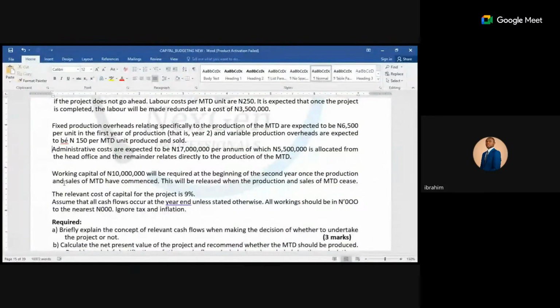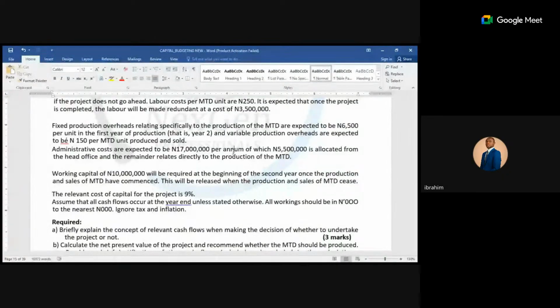Anything that has to do with allocation or apportionment is not a relevant cost. So we have to remove it: 17 million minus 5.5 million is 11.5 million. That is the administrative costs.